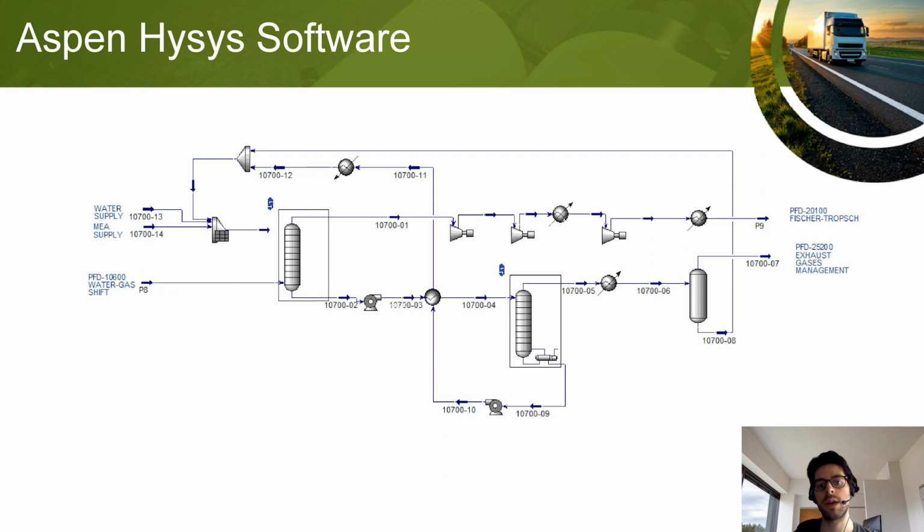Using this, we were able to simulate the impact of every single equipment on the process stream conditions, determine the energy required for the different compressors and pumps found in the unit, determine the cooling water flow rates required in the heat exchangers, and so on. And finally, these data were used as a basis to determine the size of every single equipment, and we were then able to give a global cost estimate for the plant.